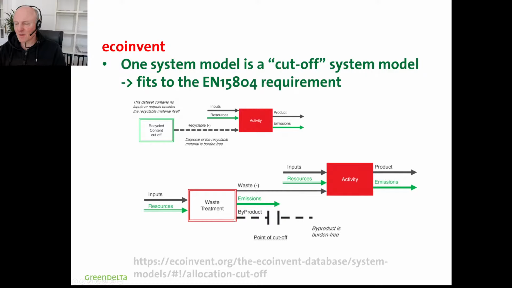But important is the waste treatment has a byproduct that goes to a next life cycle, and this is also burden free. So therefore you only focus on one life cycle point, and that fits to the EN requirement. Of course, what does not fit in this cutoff model is the support for these other indicators, and that was the work that we have done.